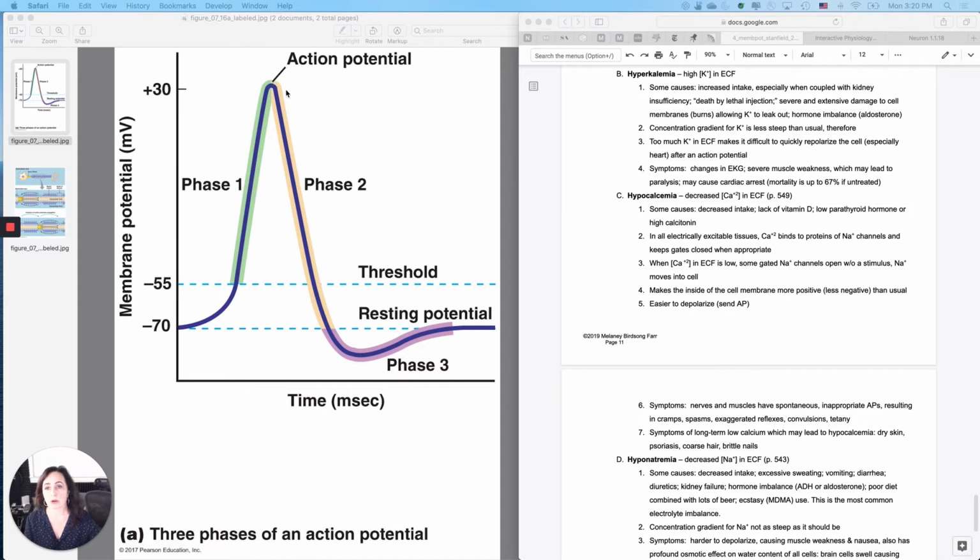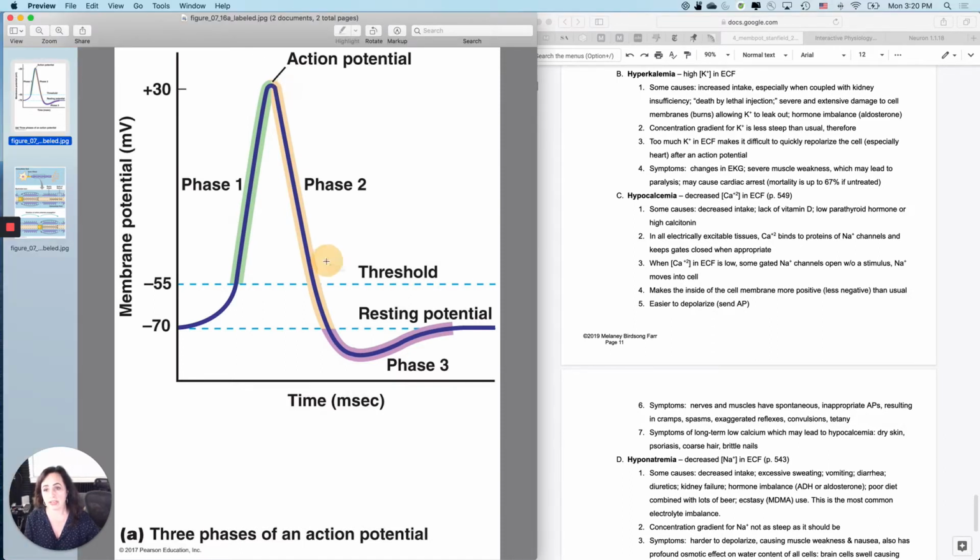Because remember, this repolarization phase was all about getting potassium to move quickly out of the cell for repolarization. So too much potassium in the extracellular fluid makes it difficult to repolarize the cell. So I depolarized, everything's fine.